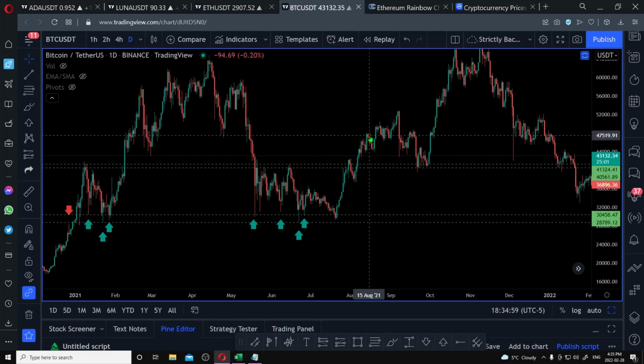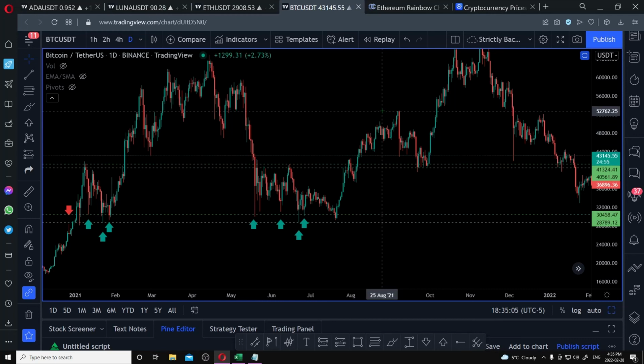For instance, this one right here: if we drew this as a resistance, we notice that it just blew past it multiple times. Even though we do have a few wicks here, it seems inconsistent with this break here, and the break here, and just a quick break here.